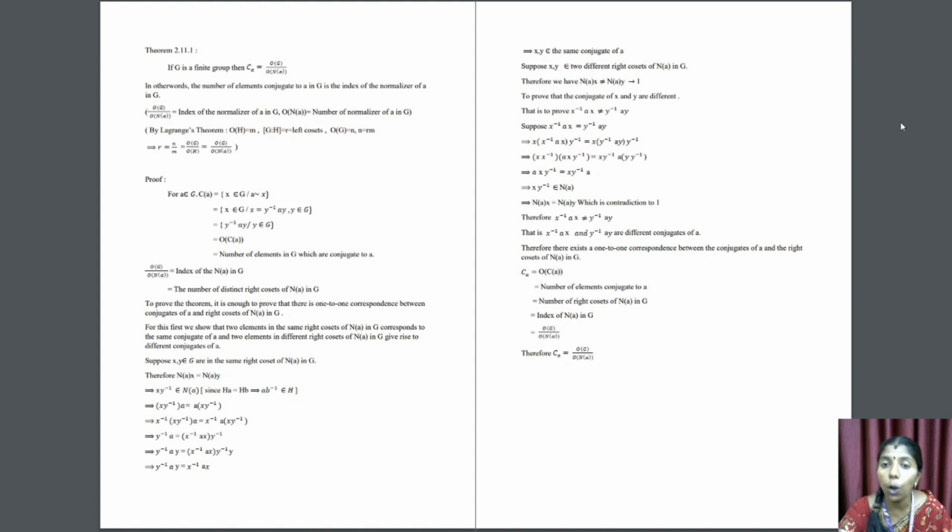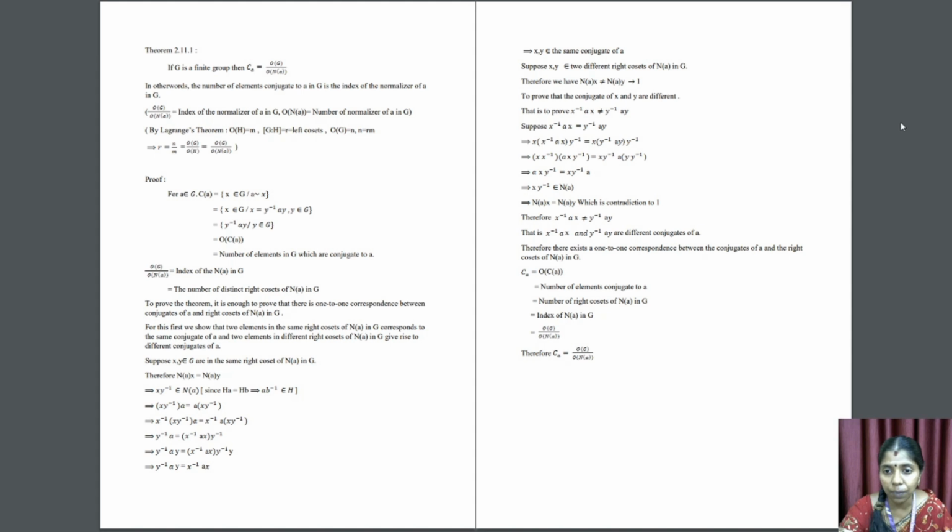Therefore, there exists a one-to-one correspondence between the conjugates of a and the right cosets of N(a) in G. C(a) equals order of C(a), the number of elements conjugate to a, which equals the number of right cosets of N(a) in G. The number of right cosets of N(a) means the index of N(a) in G, which equals order of G by order of N(a).